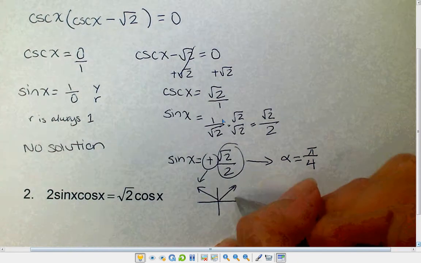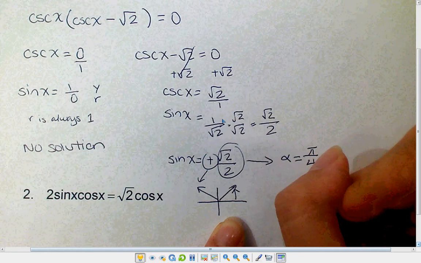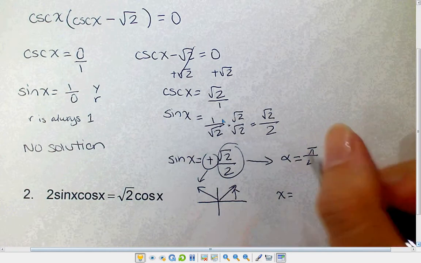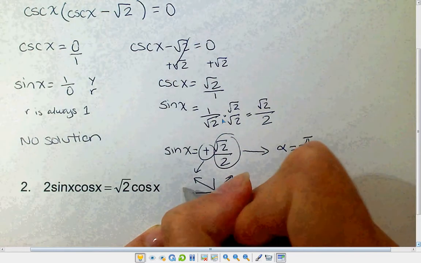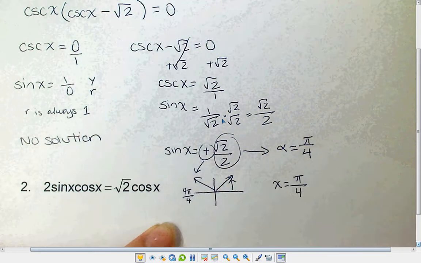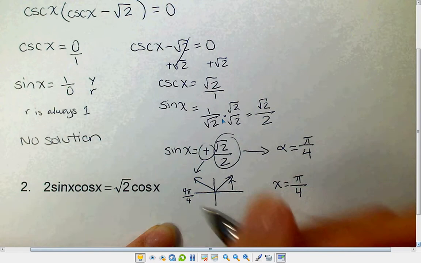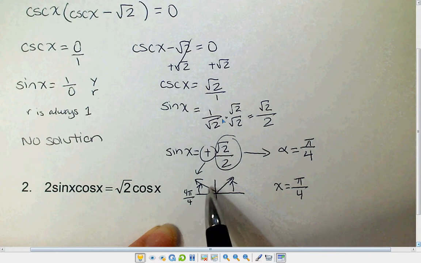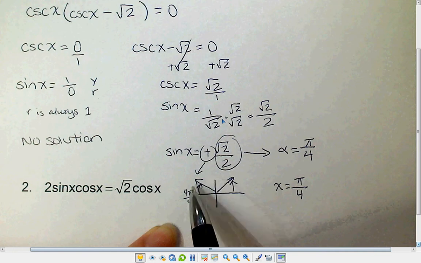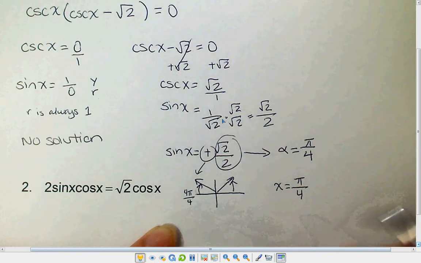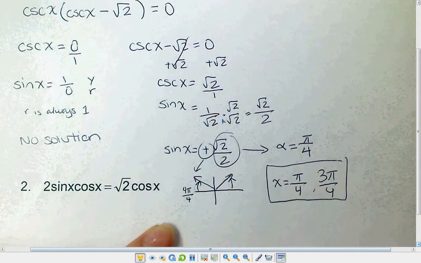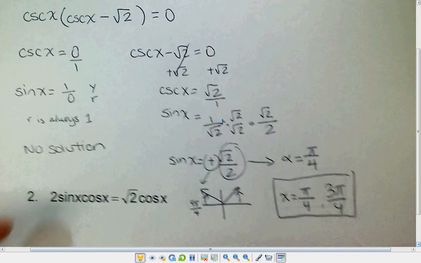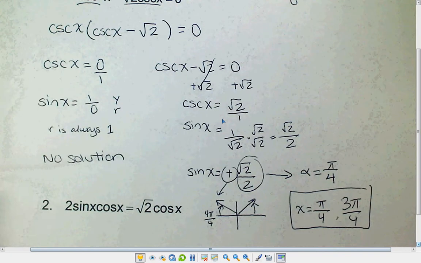In quadrant number 1, we're starting off at 0, which means our x value will be equal to 0 plus pi over 4, which is pi over 4. In the second quadrant, we know this is pi, which we can rewrite as 4 pi over 4. When we go to the second quadrant, we're subtracting, because it's going from 180 towards 90. So 4 pi over 4 minus pi over 4 is going to give us 3 pi over 4. Those are my two answers for this problem, because the first equation does not have a solution.